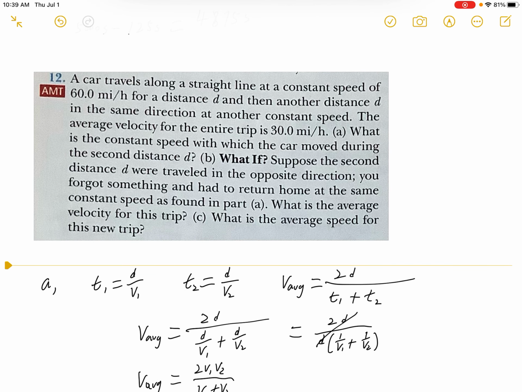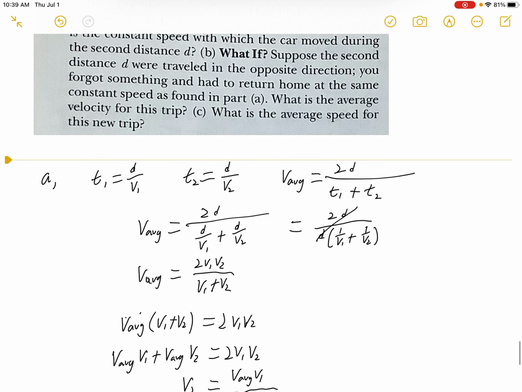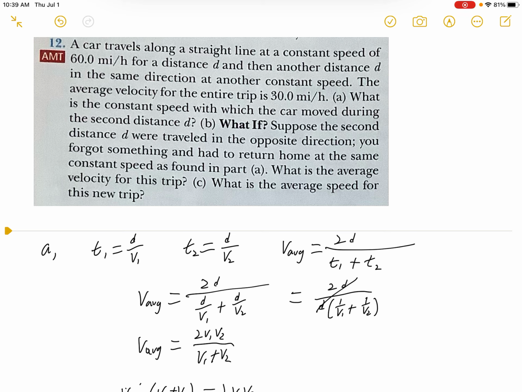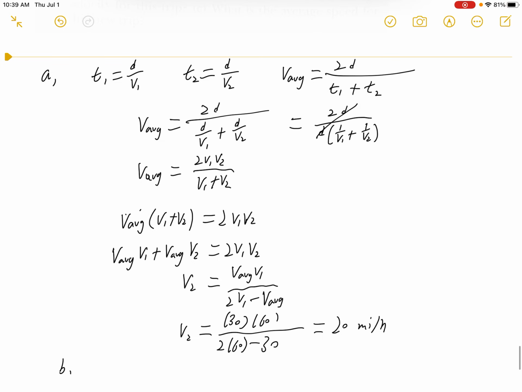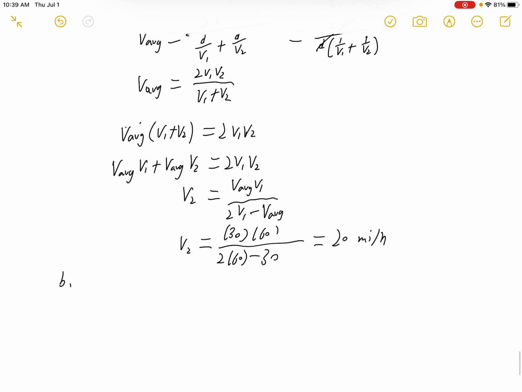And for part B, suppose the second distance will travel opposite direction, and what is the average velocity? So whenever we talk about the velocity, we're talking about the displacement. So if we go into the opposite way, that means the total displacement is 0.